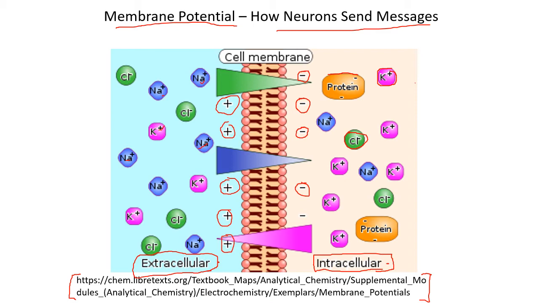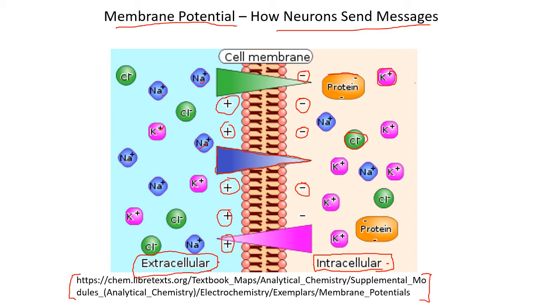These arrows that we see here, the three of them, these are our channels, right? So these are our channels. They're going to regulate the flow of these ions across the membrane.